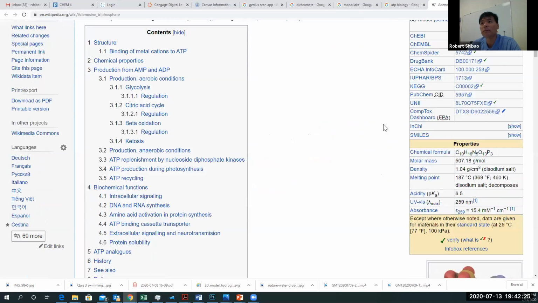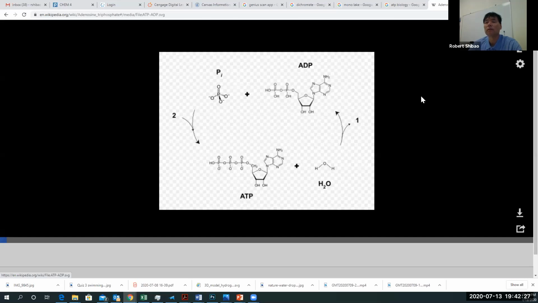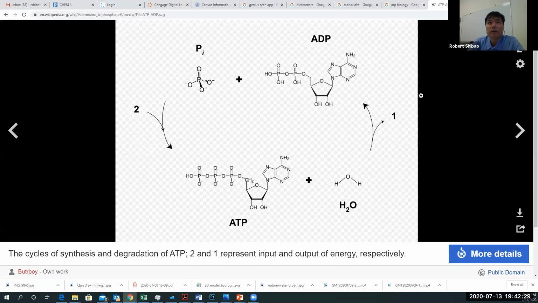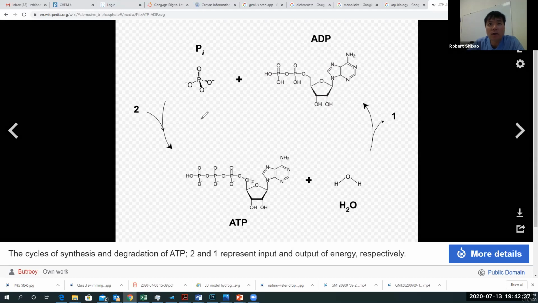The Wikipedia page. So rather than being a phosphate-based life form, this NASA astrobiologist hypothesized that this could be an arsenic-based life form, just based on how much arsenic is found in Mono Lake. And so rather than having a phosphorus there, they had an arsenic there. So it's pretty much the same thing.